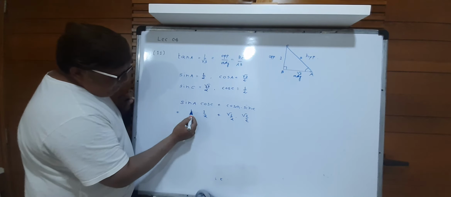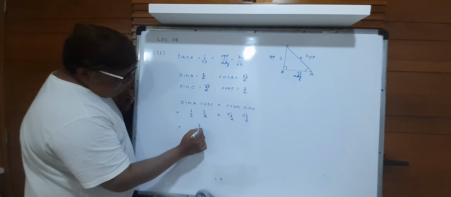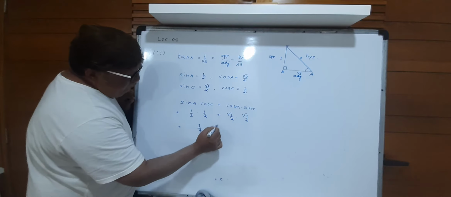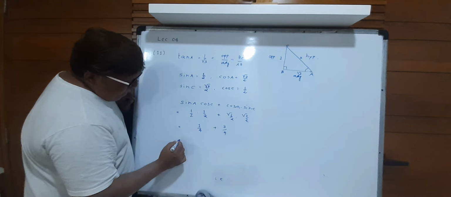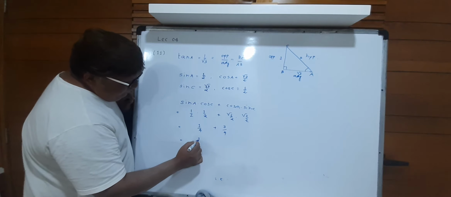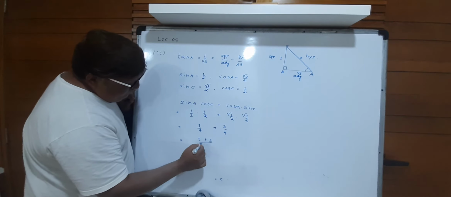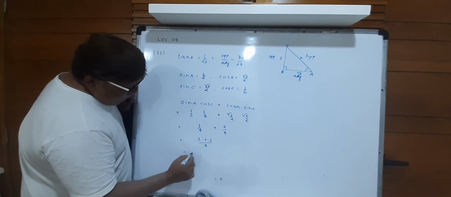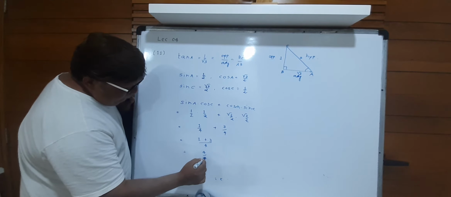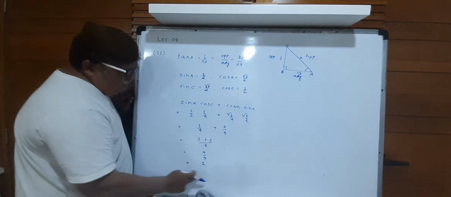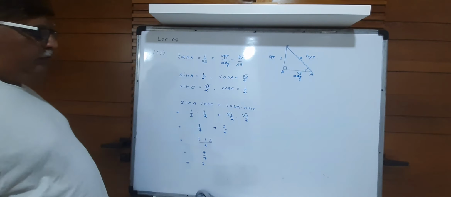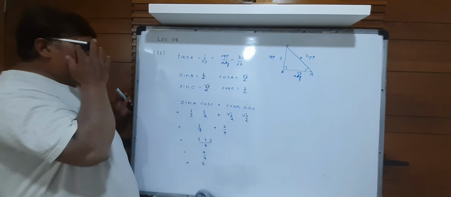Okay, now no cancellation, just multiplication. 1 upon 4, root 3 into root 3, 3 upon 4, common LCM, 1 plus 3 upon 4. So this is going to be 4 upon 4, and you got the answer 1, okay? This way actually you got the evaluation, understood?